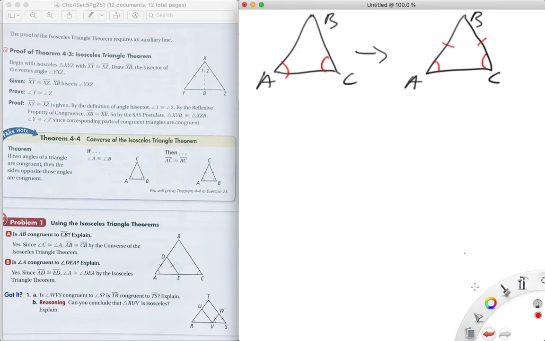This is the isosceles triangle theorem converse.